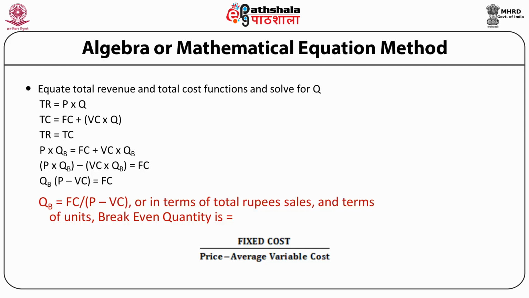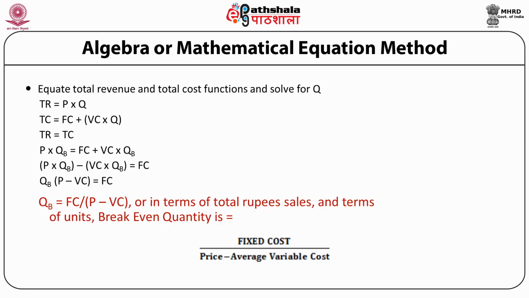Break-even point is the point where total revenues are equal to total cost. So replacing the value of total revenue with Q into P, we get Q into P equal to total fixed cost plus Q into average variable cost per unit. This is also equal to Q into P minus Q into average variable cost per unit equal to total fixed cost.